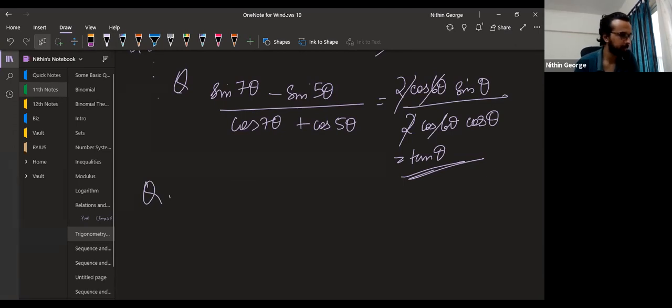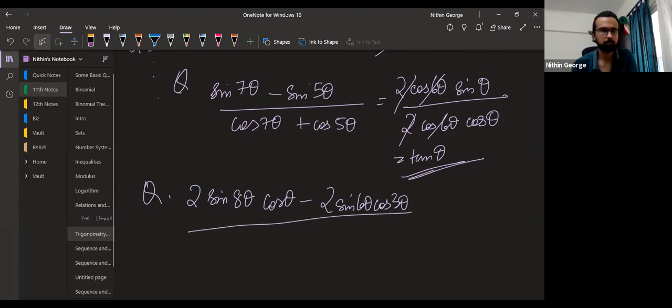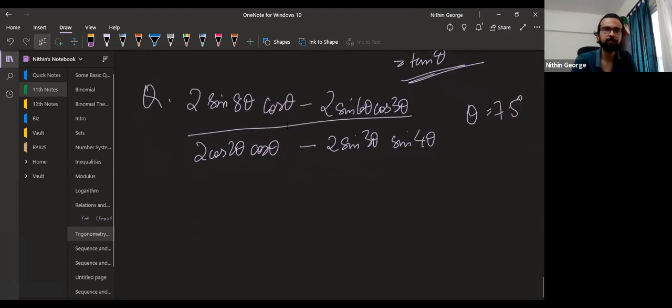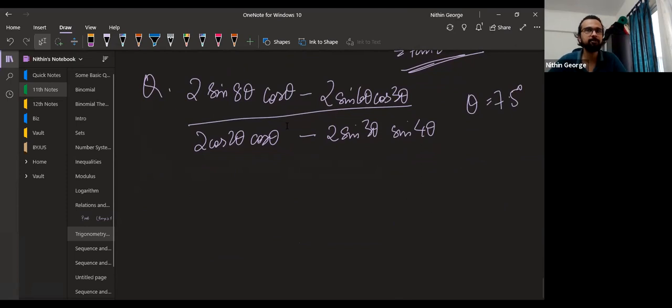Let's move ahead. Now, find the value of this when theta is 7.5 degrees.